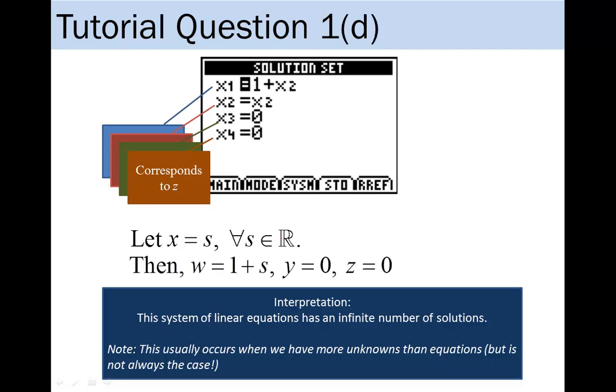How do I interpret this? This tells me that this system of linear equations has an infinite number of solutions, because any value of s that I substitute in will give me a different point that satisfies this set of equations.